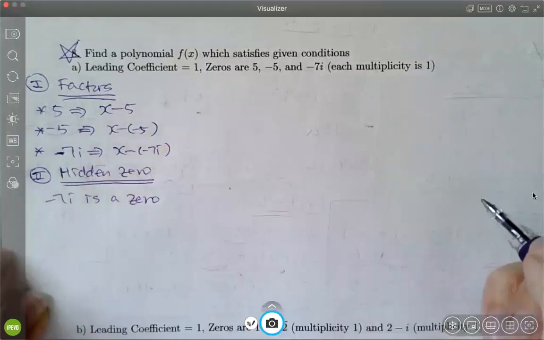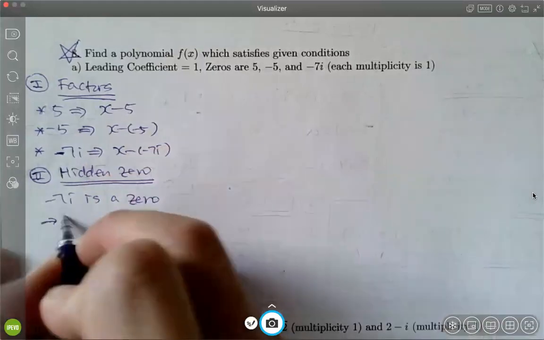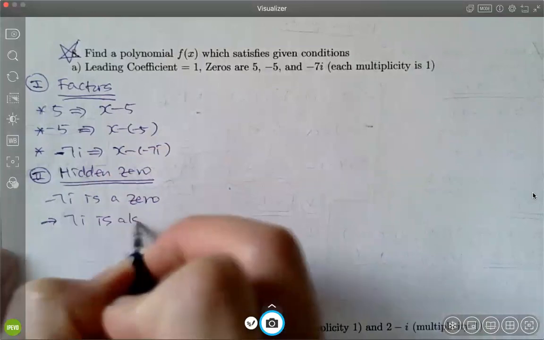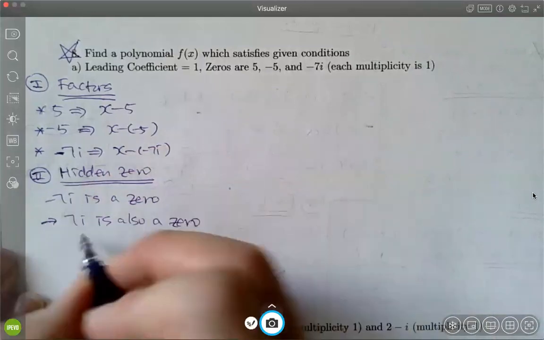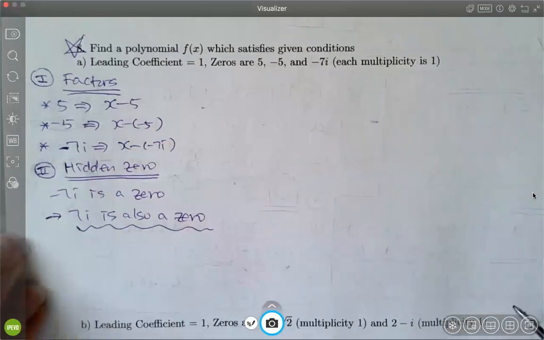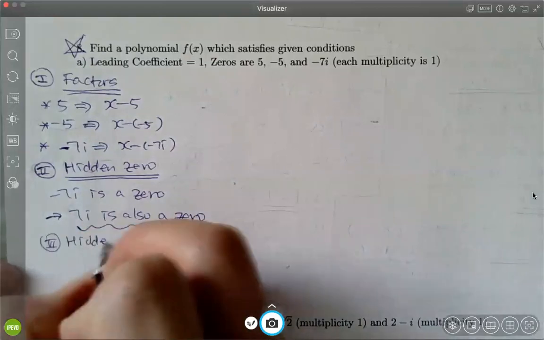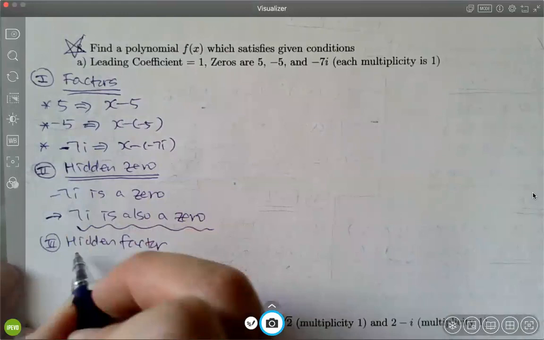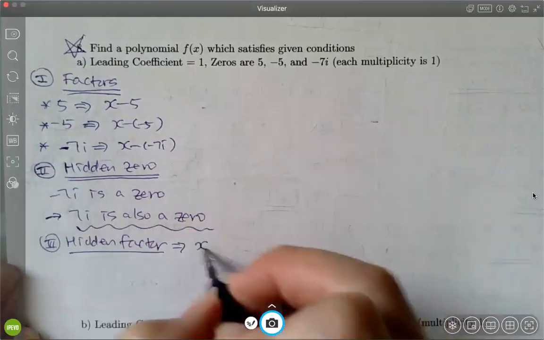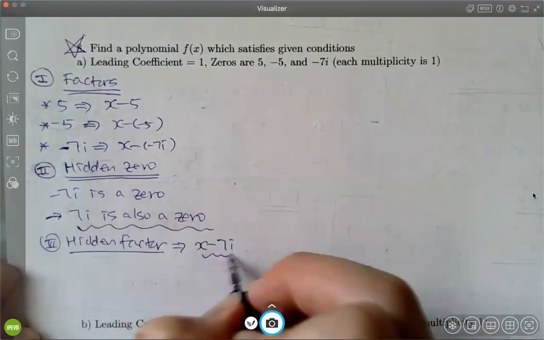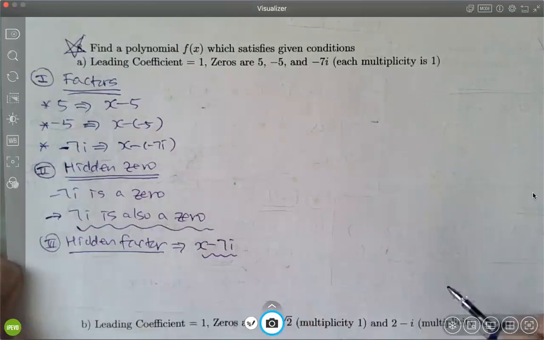So what does that mean? Its conjugate, +7i, is also a 0. So what is the hidden factor? The hidden factor is x minus 7i, right? Okay, which came from the hidden 0, 7i.